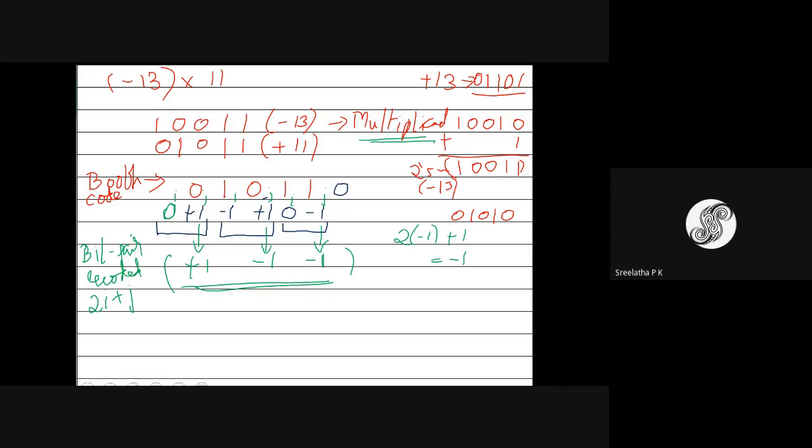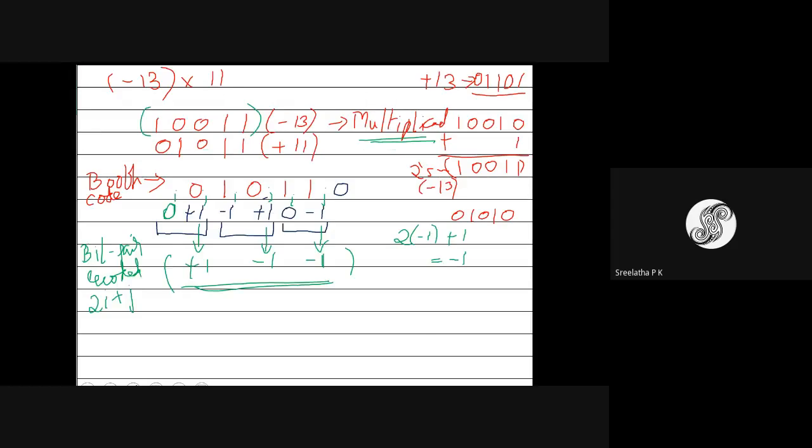So the multiplicand is 10011, and the recoded multiplier, that is the bit pair recoded multiplier, is minus 1, minus 1, and plus 1. Now, how does the multiplication have to be done?